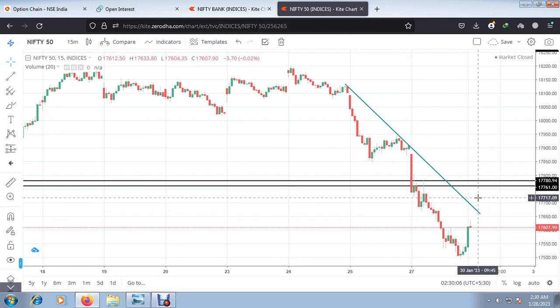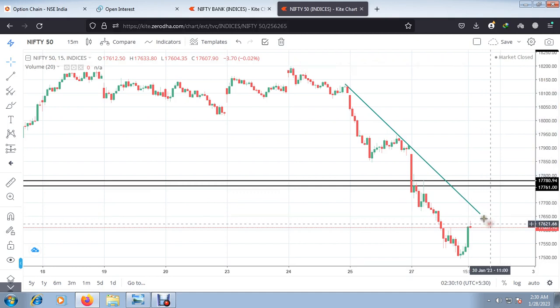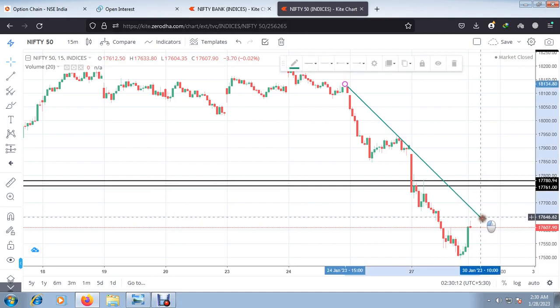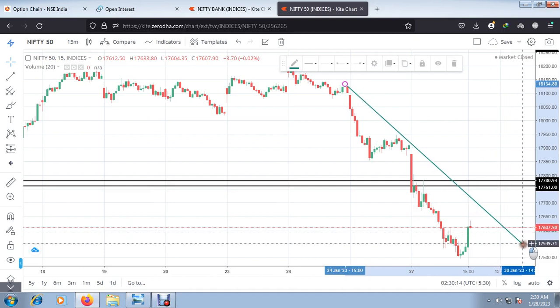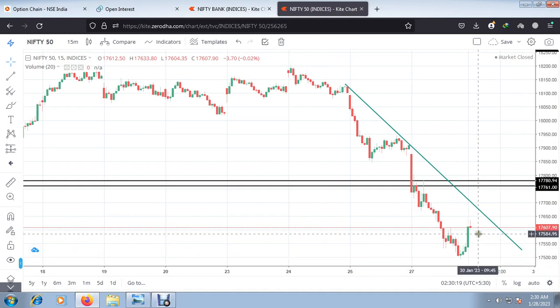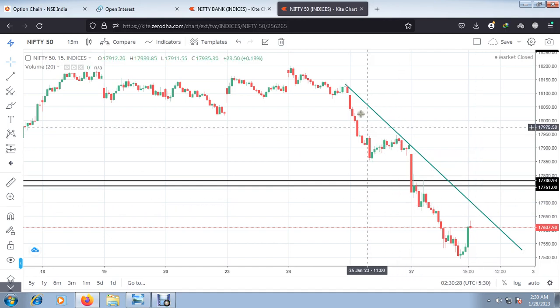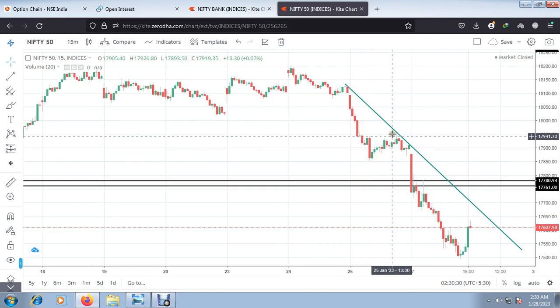Even if it breaks this trend line, we cannot say that the trend has changed, so it can break here also. Next Monday it can break somewhere around here, 17,760, 780, like that. But we cannot say that the trend has changed here.